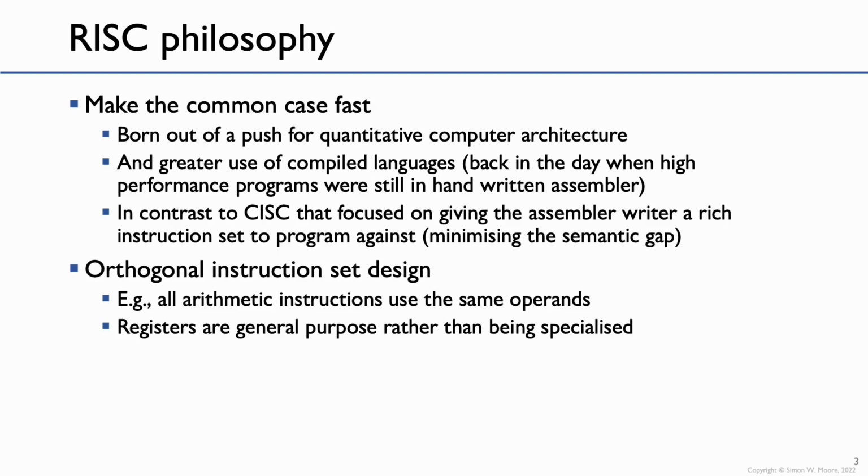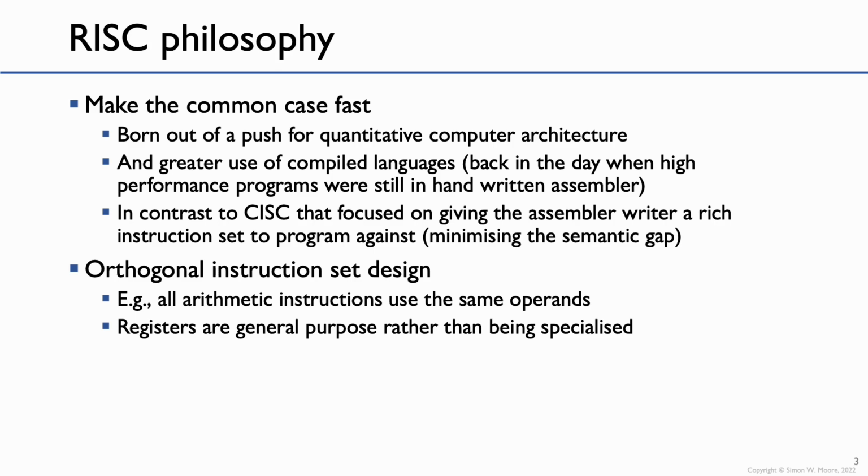Another key property of RISC instructions is that it's normally what's called an orthogonal instruction set. This really means that the operations are usually independent from which registers you use. This is actually in contrast to CISC, where there are often instructions that use specific registers.